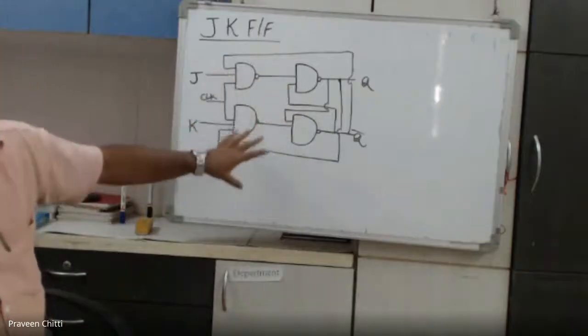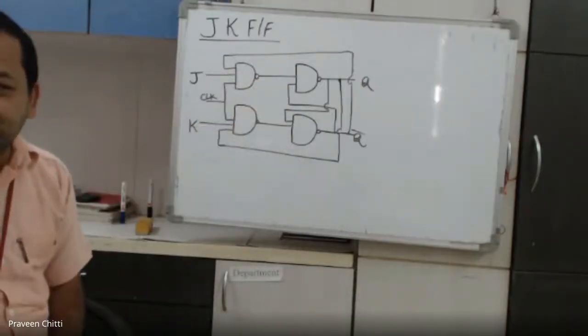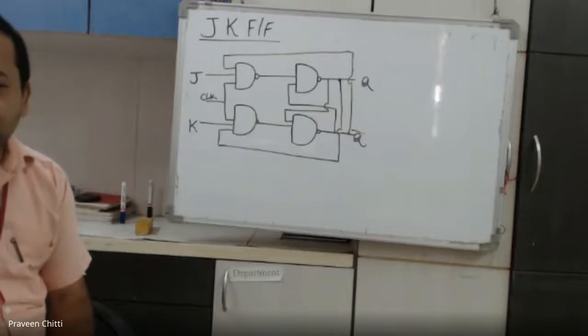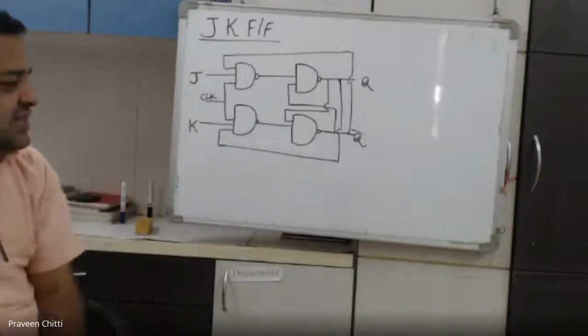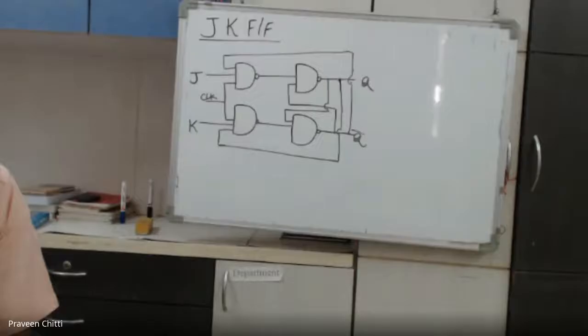So we have to add 2 NAND gates J and K. No, that was there in the SR flip-flop also. Basic diagram of the SR flip-flop, you know. In that SR flip-flop, what changes I have done to get the JK flip-flop? The output of Q, we have to add it to the lower NAND gate of K. Okay.